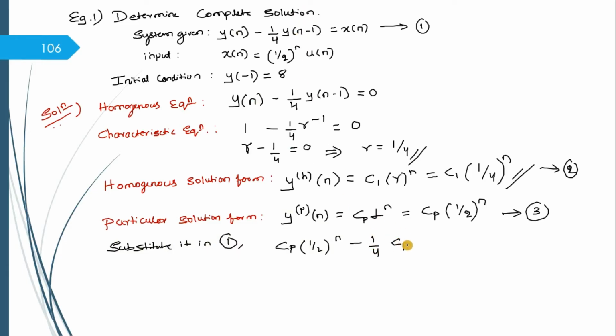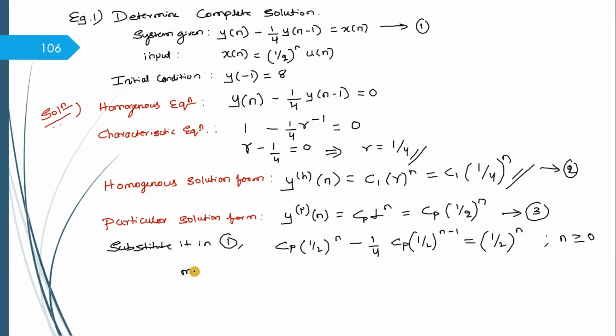So I write it as cp 1 by 2 raised to n minus 1 is equal to x of n, which is given by 1 by 2 raised to n u of n. U of n, we will generally write it later, or else we write it in this fashion. Normally n is greater than or equal to 0. That is what we write.